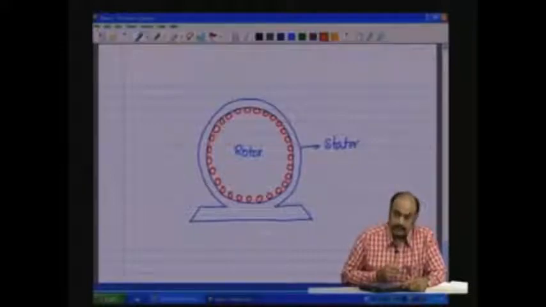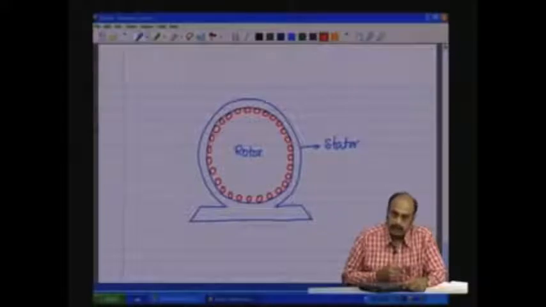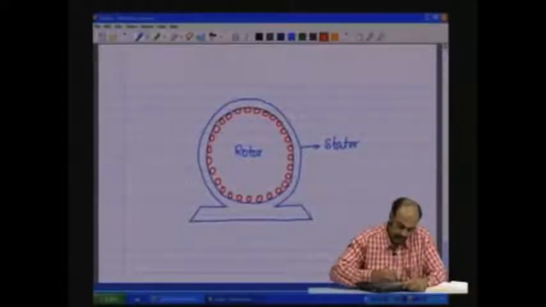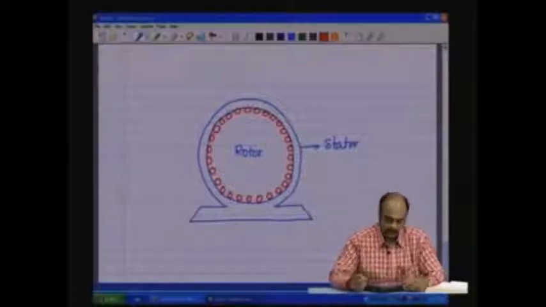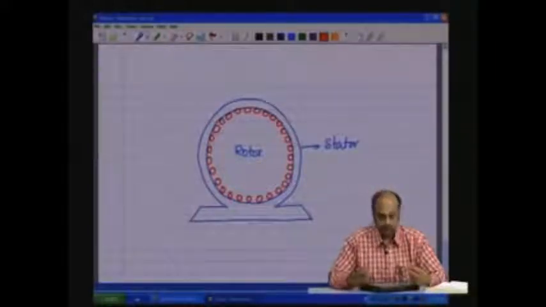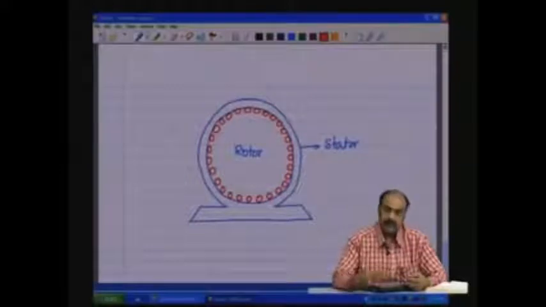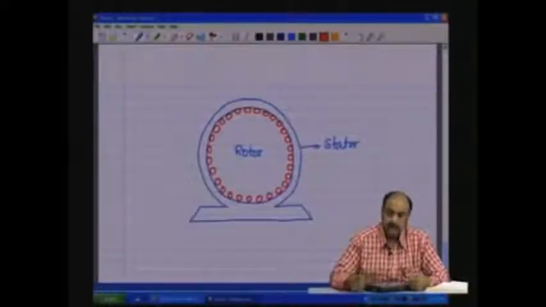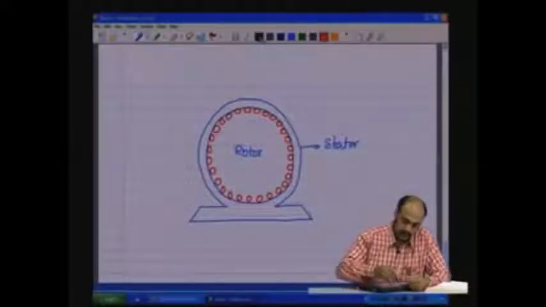So, you have these rotor conductors, and then on the stator also we have coils, but the coils are positioned in a manner which will provide a spatial field in the spatial coordinates. So, let us see how that is provided.